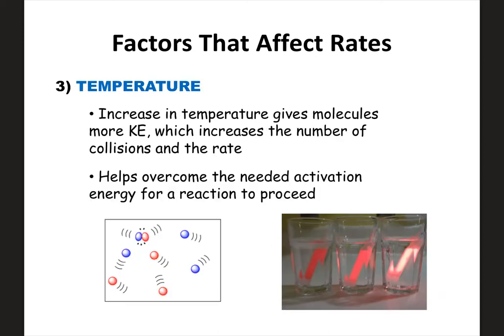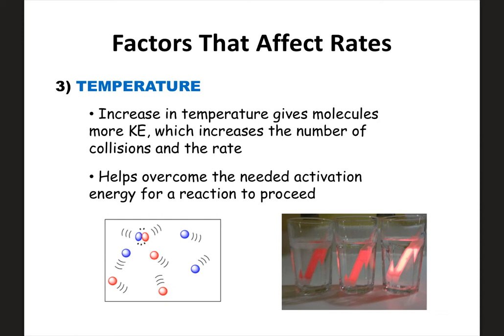Temperature also plays a role in the rate of a reaction. If you have a higher temperature, you have molecules that have a greater kinetic energy, which will increase their speed, increase the number of collisions taking place, and also give them the energy that's needed to overcome the activation energy for a reaction to take place.